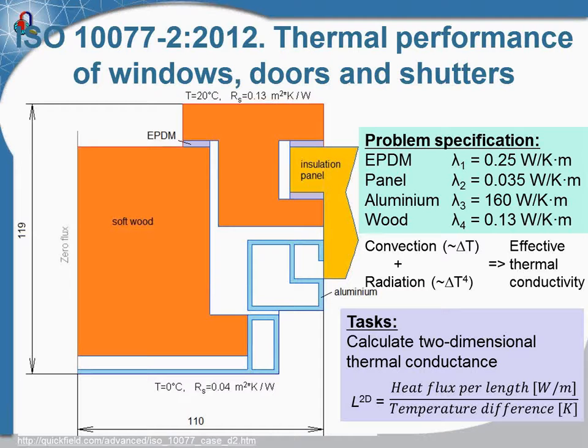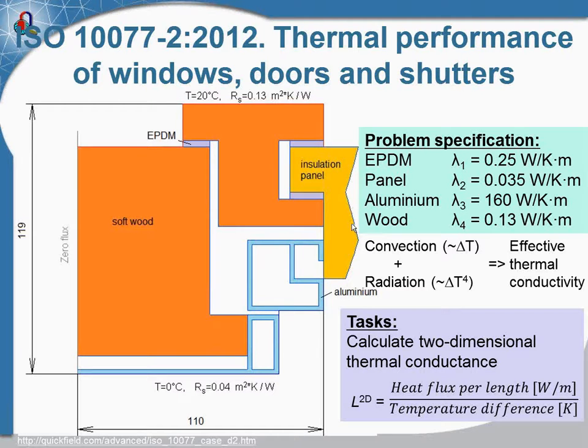It is the aluminum-clad wood frame section with the calibration insulation panel instead of the glass. Blue blocks are made of aluminum.